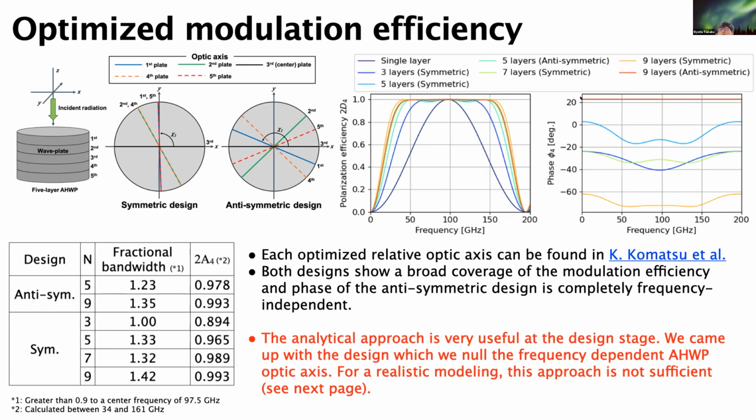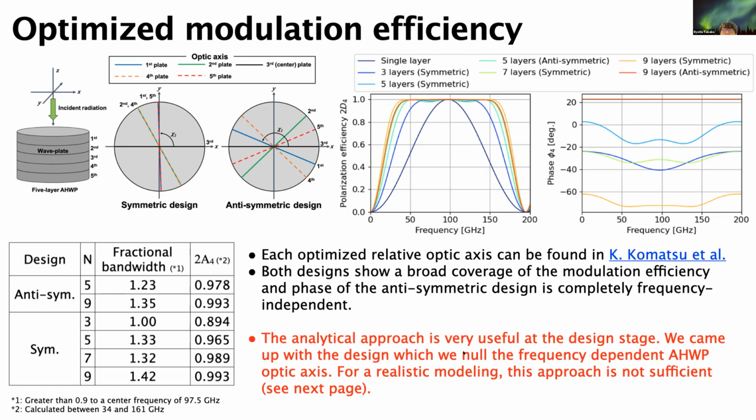You can see the phase as a function of frequency; this line, overlapping, is the anti-symmetric design. Both the symmetric and anti-symmetric designs have broadband modulation efficiency. I don't show the detailed optical angles, so you can find the details in this paper. The conclusion here is that the analytical approach is very useful to optimize the design.